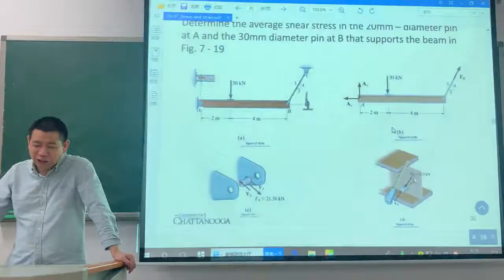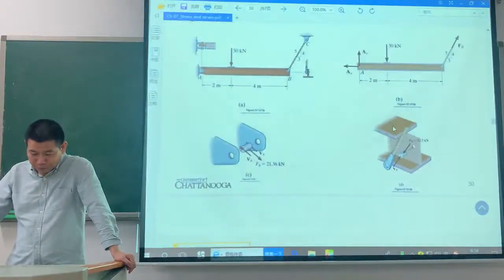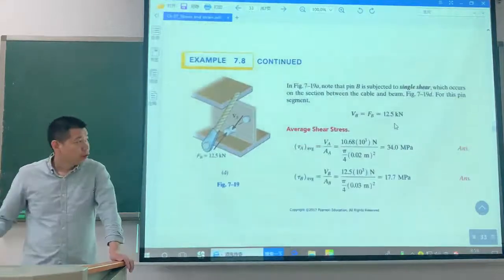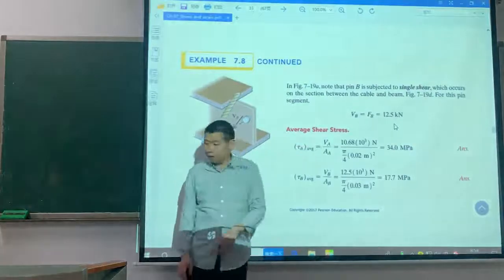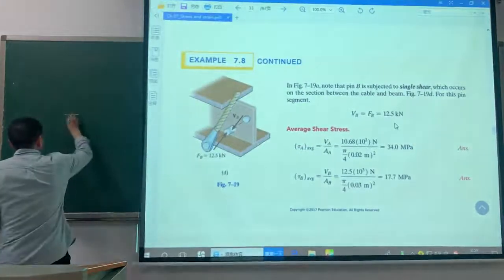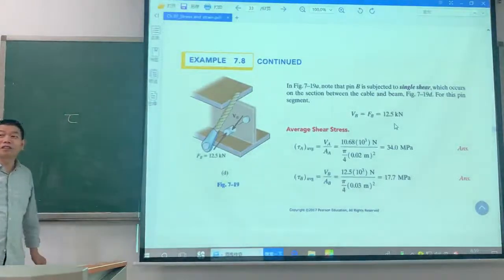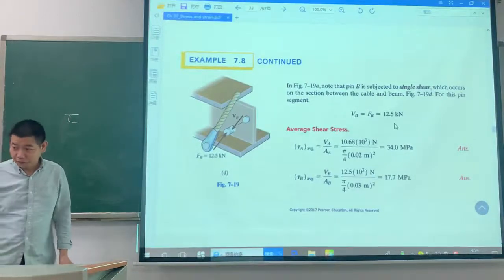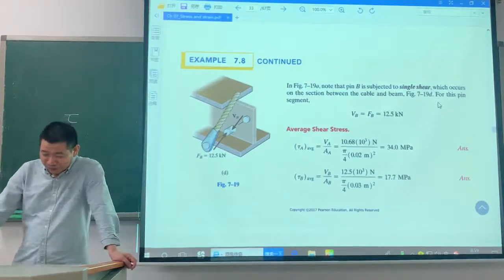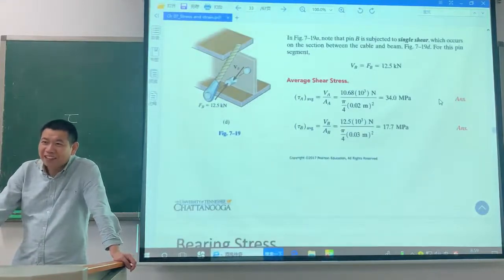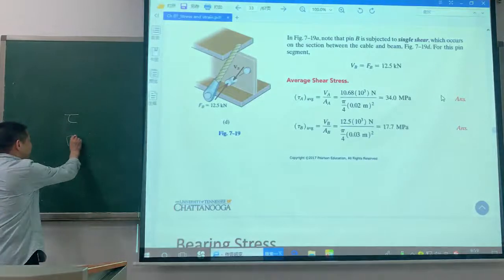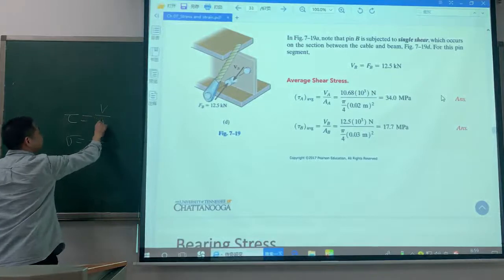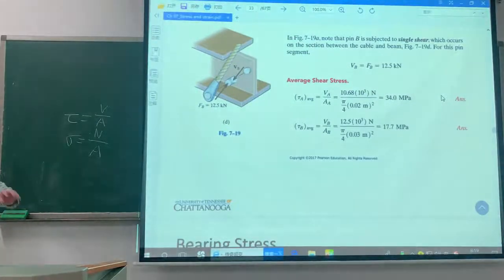No. We call it tau. Normal stress is sigma. Yes, I introduced the two formulas.